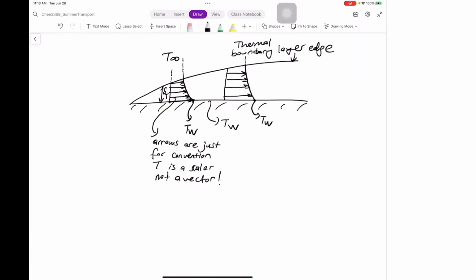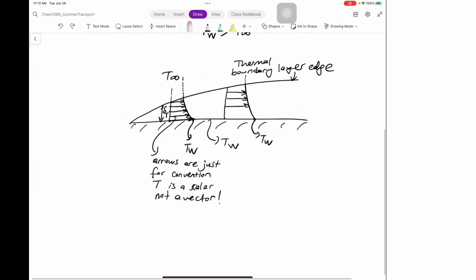Or you can erase the arrows and make them lines. Similarly for this.